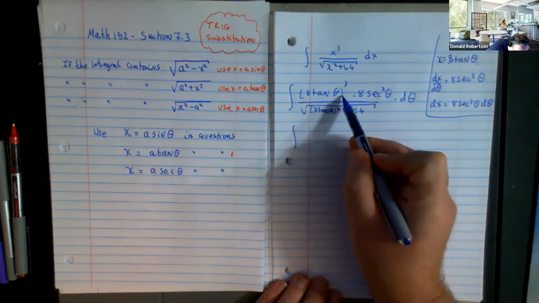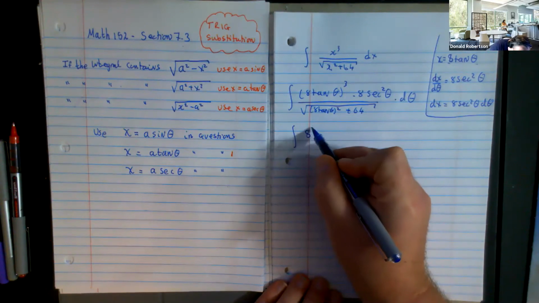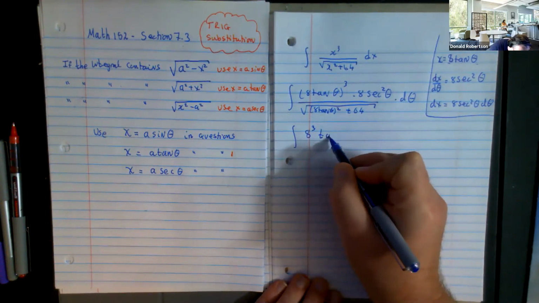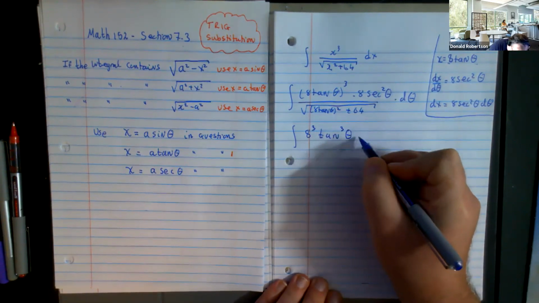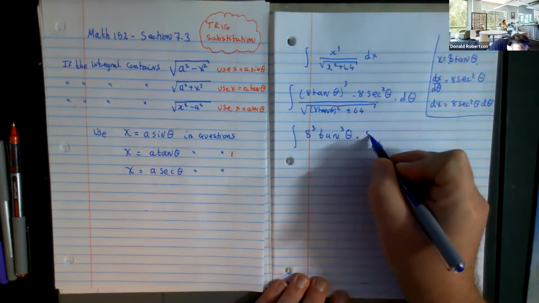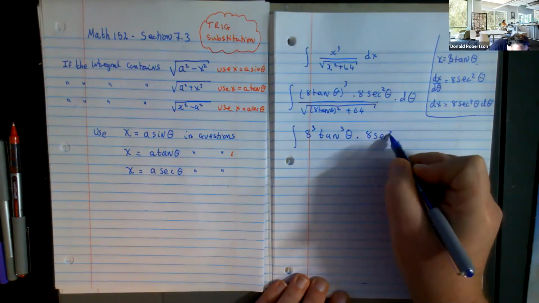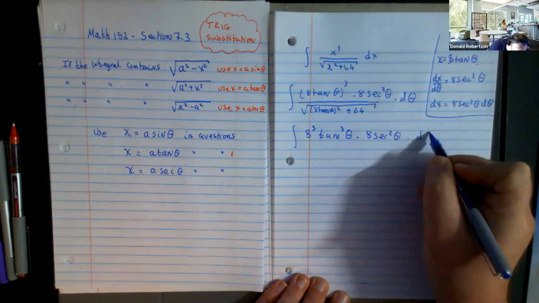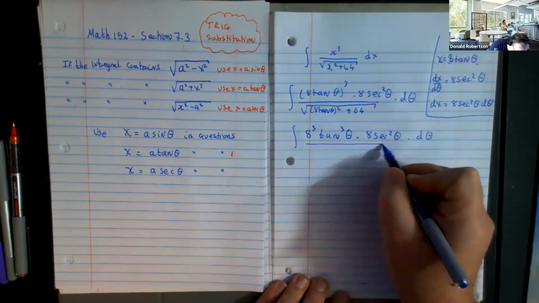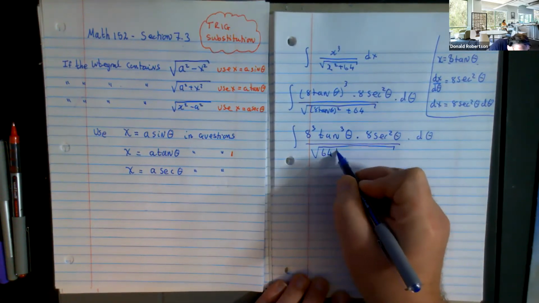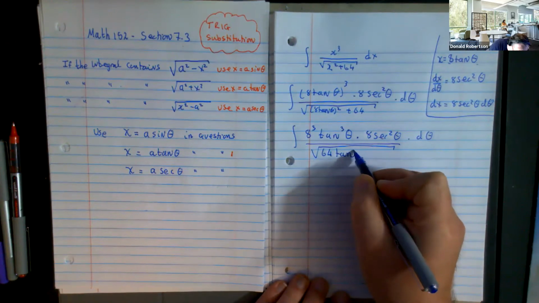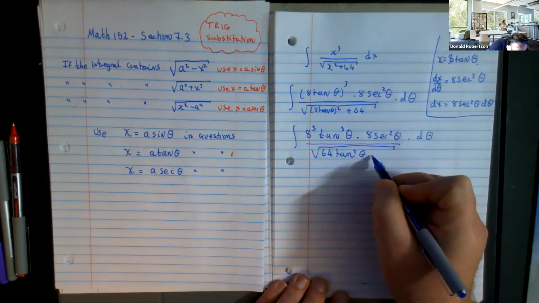If you cube this, I'm just going to call it 8 cubed. I know that's a huge number, but I'm just going to call it 8 cubed. And this guy is going to be 8 secant squared. And on the bottom, I've got my big ugly square root, but it's now going to be 64 tan squared plus 64.